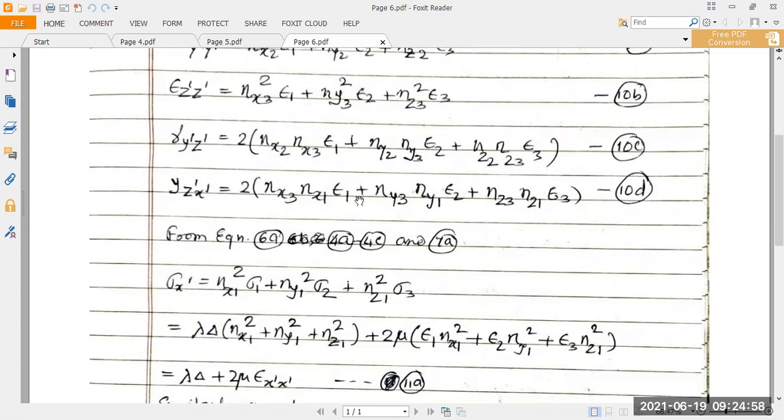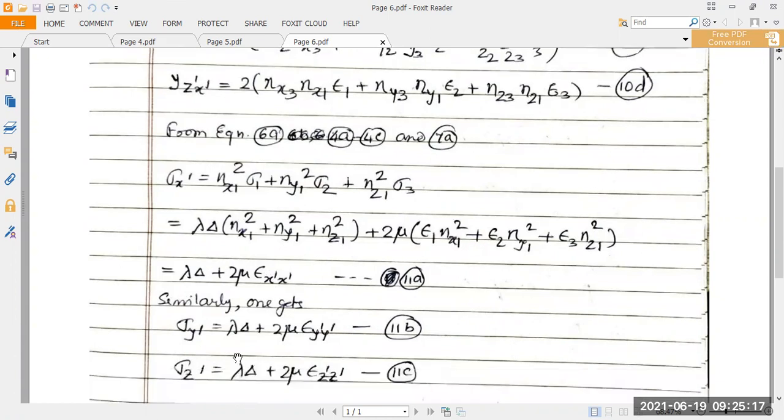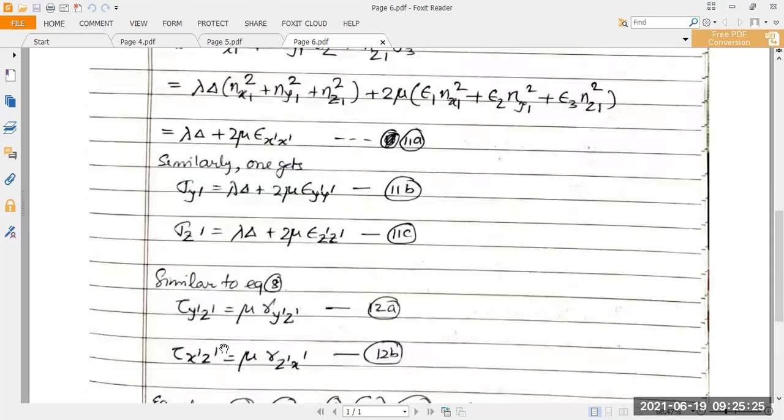And sigma x, sigma y, sigma z, putting the value of lambda as well as epsilon, becomes epsilon x itself, epsilon y itself, epsilon z itself. And thus, similar to equation 8, we have tau x dash y dash, z dash and mu, tau yz as mu gamma yz itself.